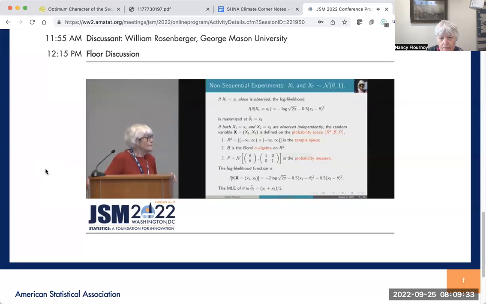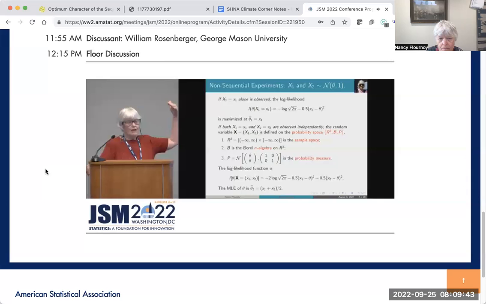Now, if you observe X1 and X2 independently, you have a bivariate normal random variable on R2. I may seem like I'm being very picky, but if you don't have these observations observed independently, you're no longer on R2.